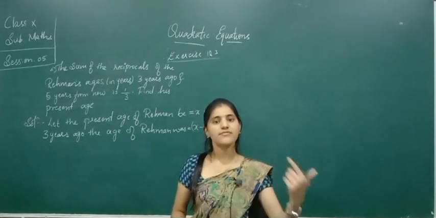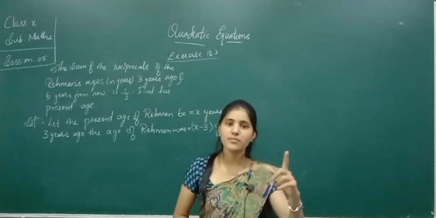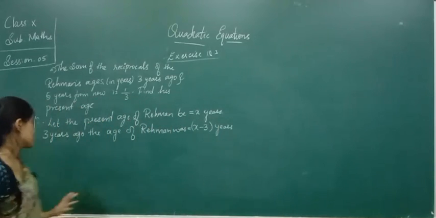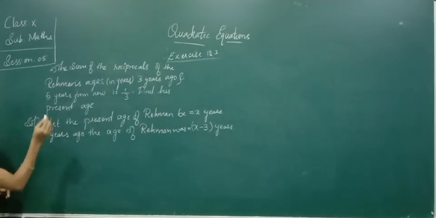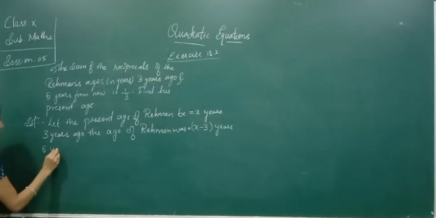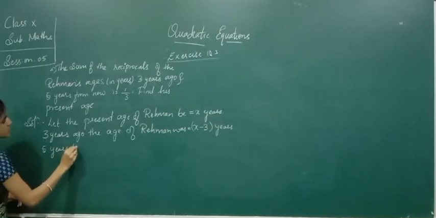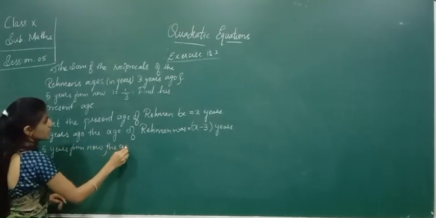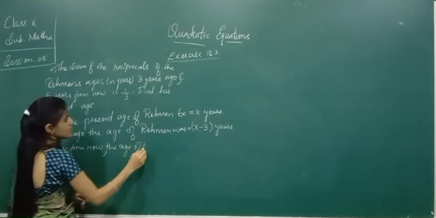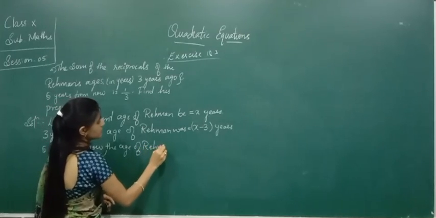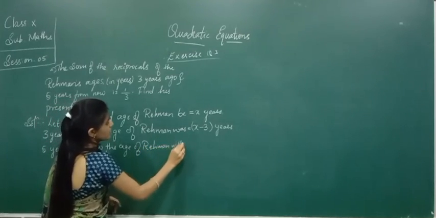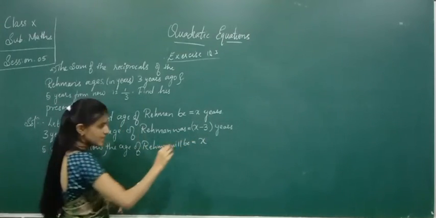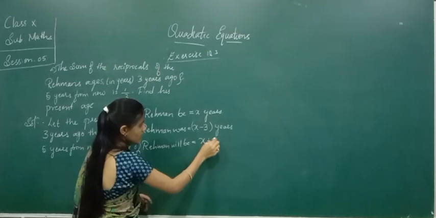Therefore, after 5 years, the age of Rahman will be equal to x plus 5 years. 5 years from now, the age of Rahman will be whatever is his present age, we need to add 5 more years, x plus 5 years.